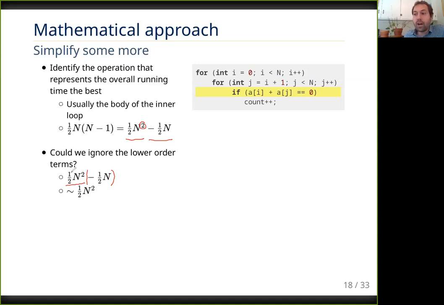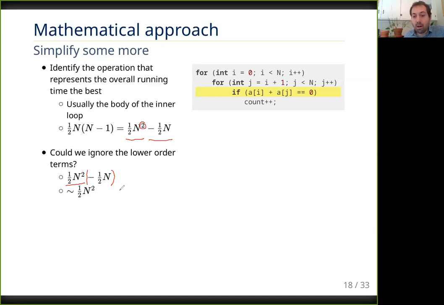The reason we allow ourselves to only focus on that term and discard the lower terms is very simple: once the input size starts growing towards large numbers, or even towards infinity, this lower order term completely disappears. It's not relevant anymore.